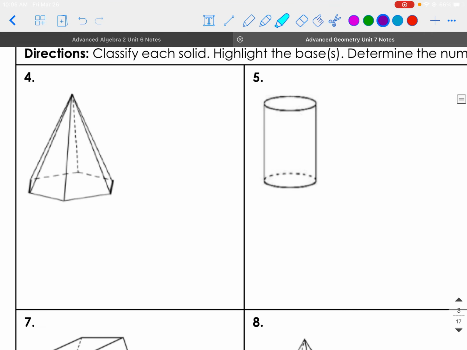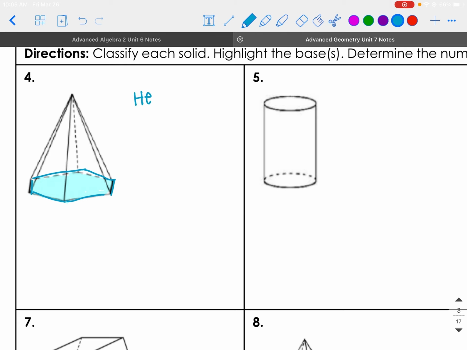All right, number 4. This is a pyramid because it all goes up to that 1 point. And so my base is here at the bottom. So the base, 1, 2, 3, 4, 5, 6.